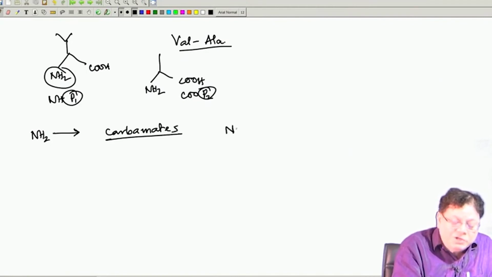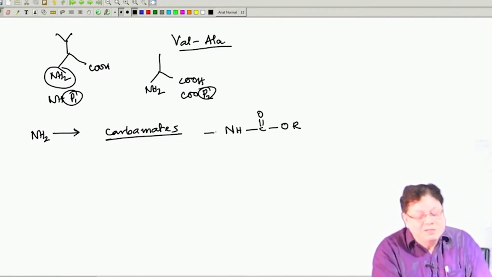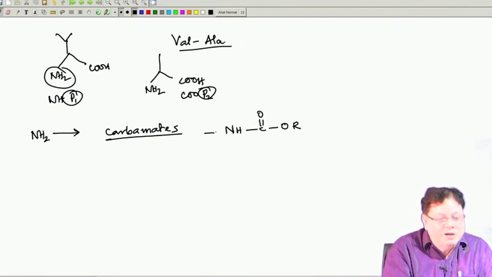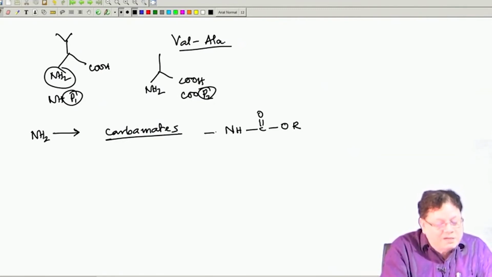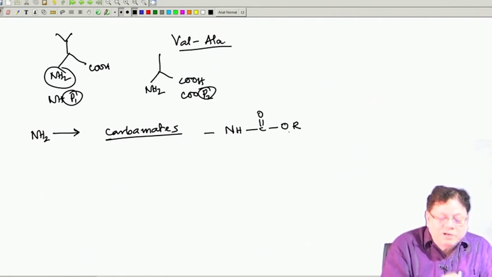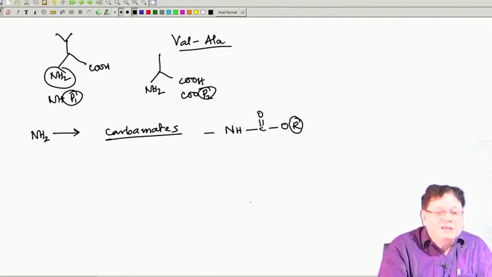Carbamates are NH, then CO, then O and then R. This comes from carbamic acid. You know what carbamic acid is? That is NH2CO2H, which is very unstable and loses ammonia and carbon dioxide immediately, but carbamates are stable. Now, this amine has to be converted into a carbamate, and this R should be such that it can be taken off very easily.